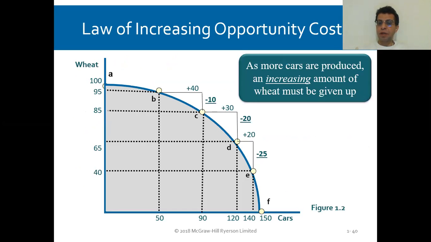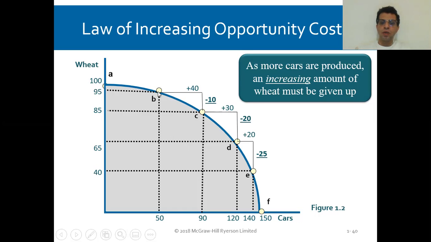Now, the law of increasing opportunity cost. As more cars are produced, an increasing amount of wheat must be given up. So this is why you will see the curve happening here.